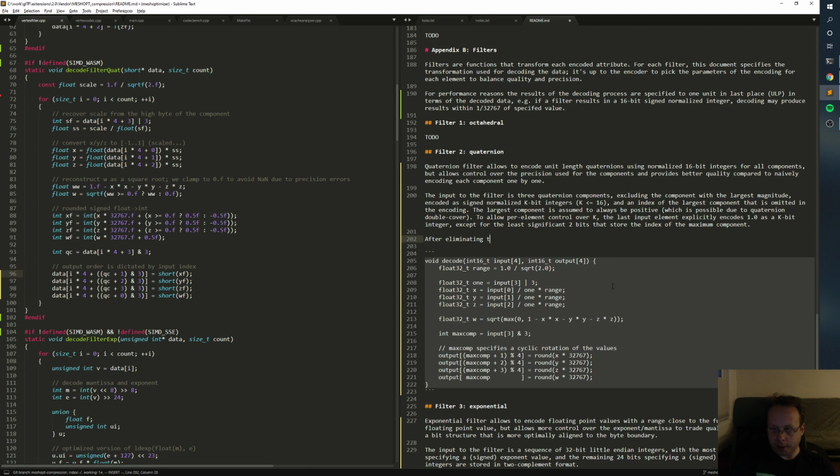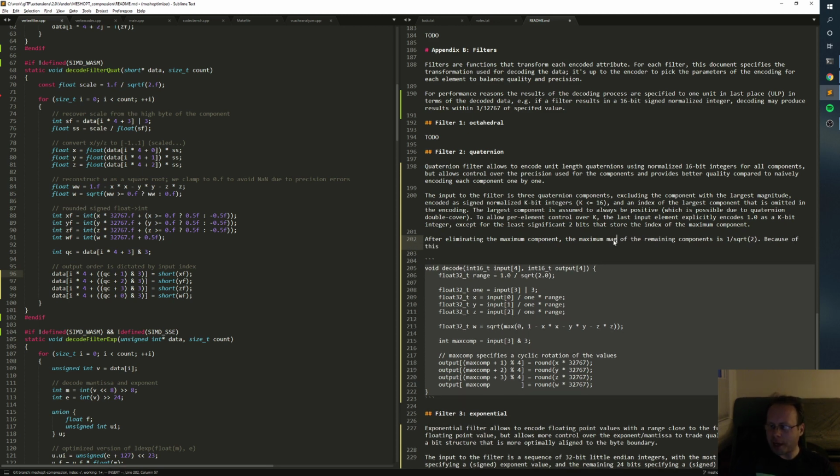After eliminating the maximum component, the maximum value of the remaining components is 1 over square root of 2. The maximum magnitude, I guess. Because of this, the remaining components are stored. How do I put this?